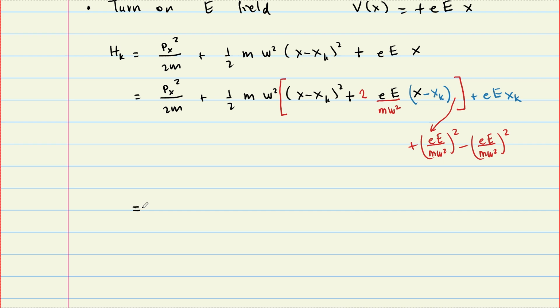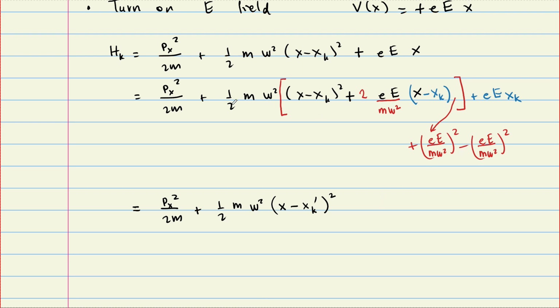Then this Hamiltonian is going to be px squared over 2m plus 1/2 m omega squared. Let me call this x minus xk prime squared. I'm going to define what xk prime is in a little bit.